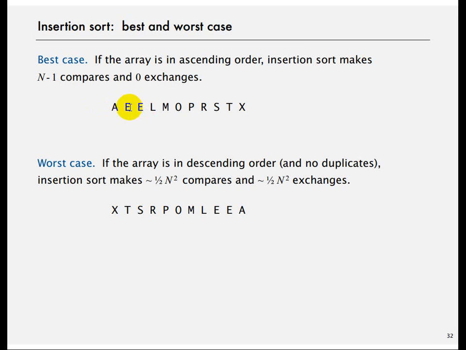Because let's look at the L. The moment you compare L to E, you don't have to compare L to any other element before this. Why? Because you know that E is already the largest element in these three elements. So if L is already larger than E, then L is definitely larger than anything else. So that's the basic idea. In this case, you're not doing n square compares, you're only going to do n-1 compares, correct? And that's the main thing. That's actually very important. This is once again on average.